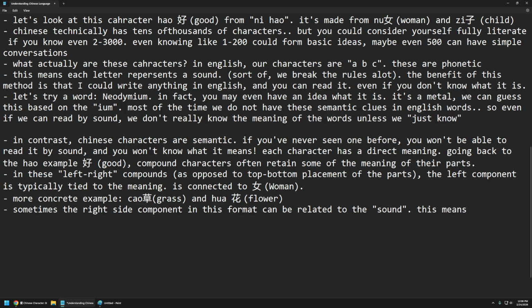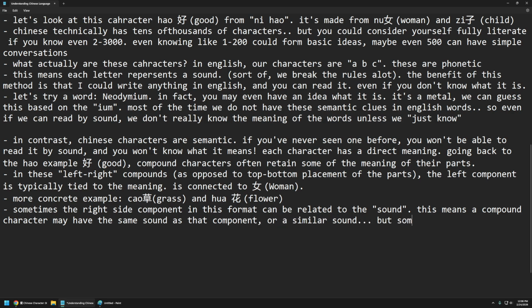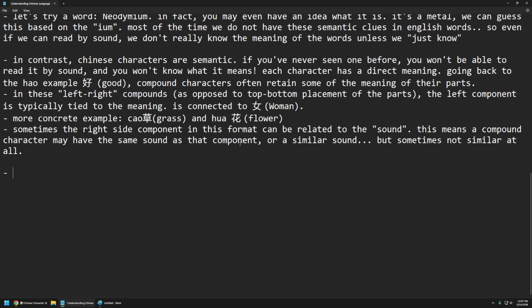This means a compound character may have the same sound as that component, or a similar sound, but sometimes not similar at all. So it's not that useful. A lot of the time, you can't really guess the sound, but you can guess the meaning. This one is more reliable.